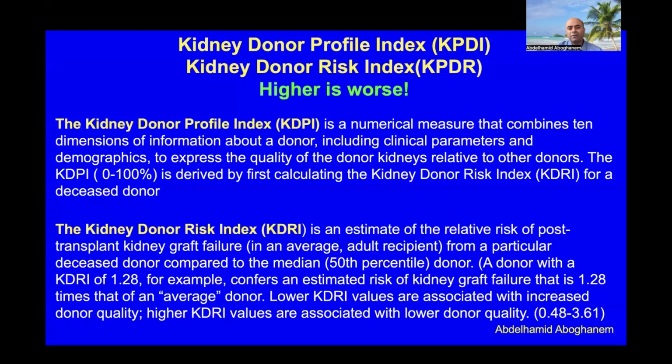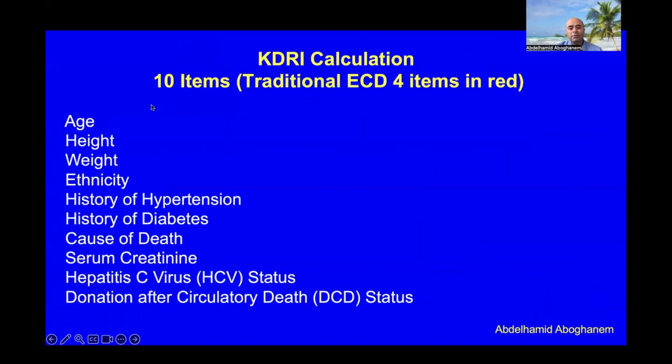KDPI is a calculation. If you go to Google and search for these two terms, you will see this. KDPI is usually measured from 0 to 100%. Lower KDPI means better quality kidney, and higher KDPI means poor quality kidney, more like a marginal kidney. This depends on the age of the donor and height, weight, ethnicity, hypertension, diabetes, cause of death, and also DCD will make the KDPI too high.